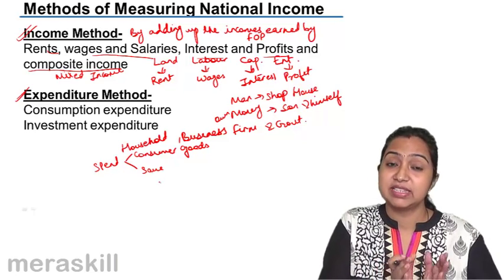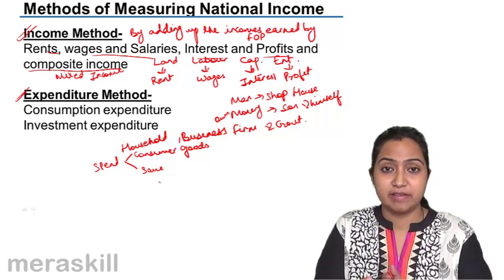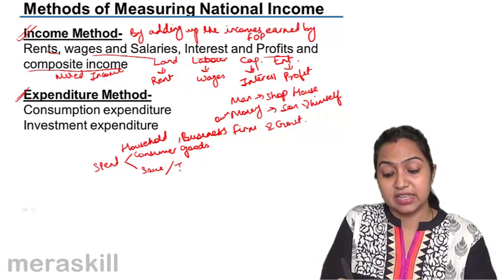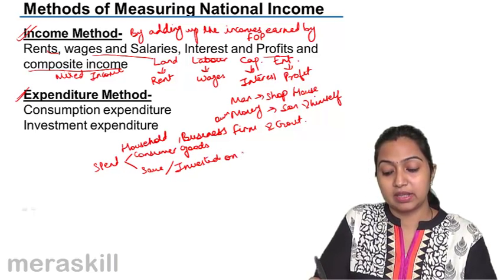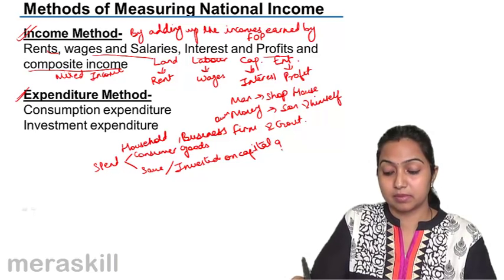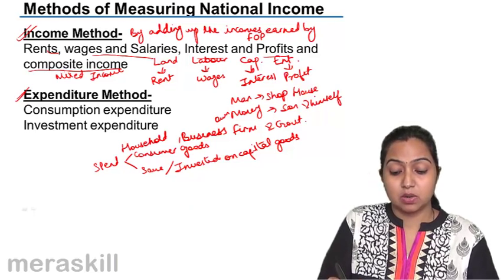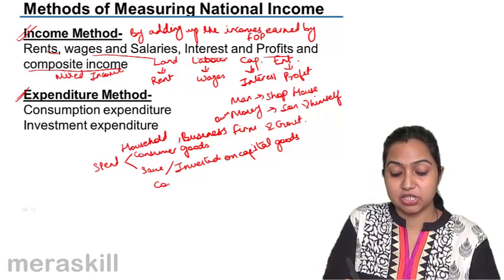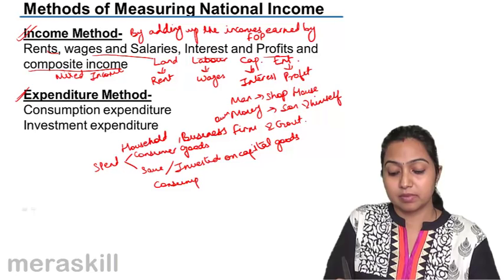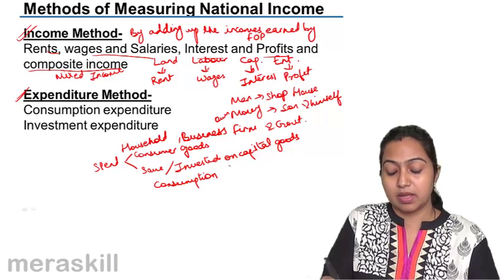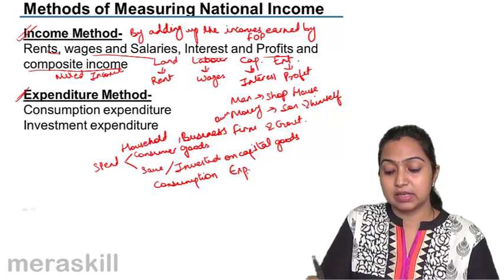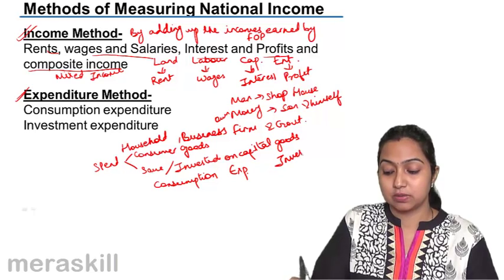A part of money is either spent or it is saved, or in other words you can say it is invested on capital goods. So there are two types of expenditures. One is consumption expenditure and the other is investment expenditure.